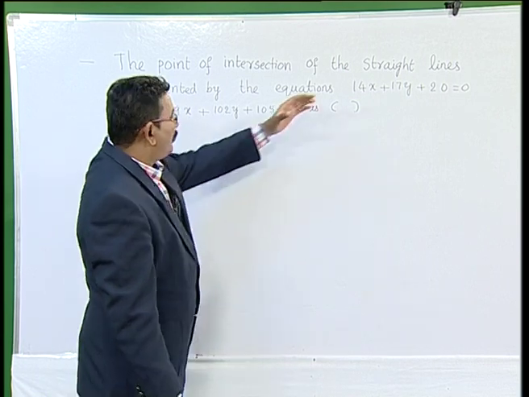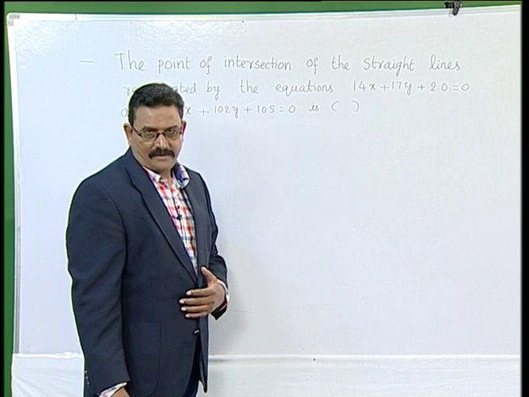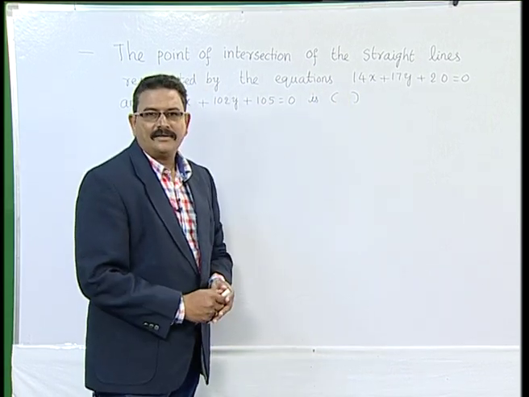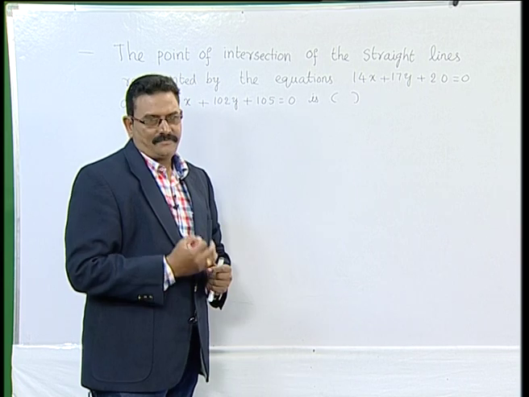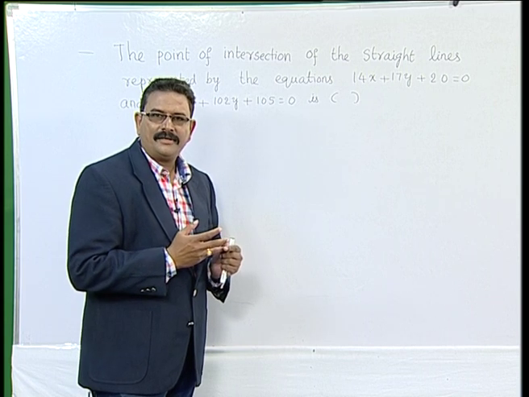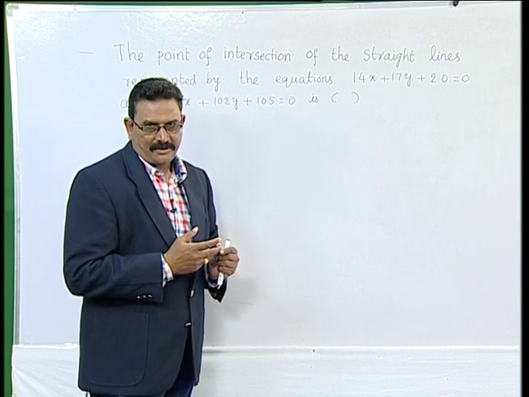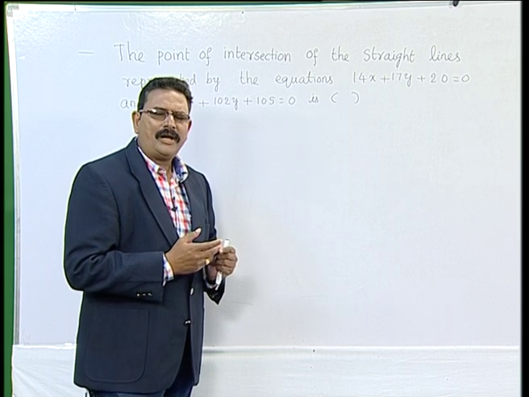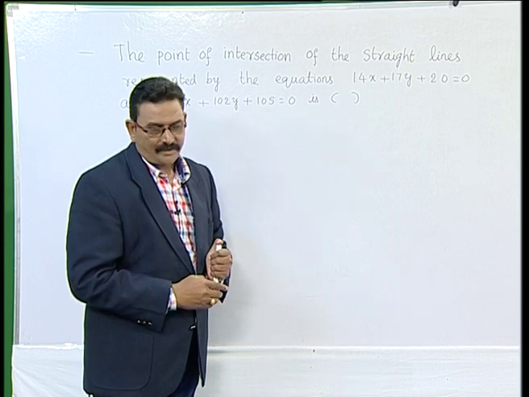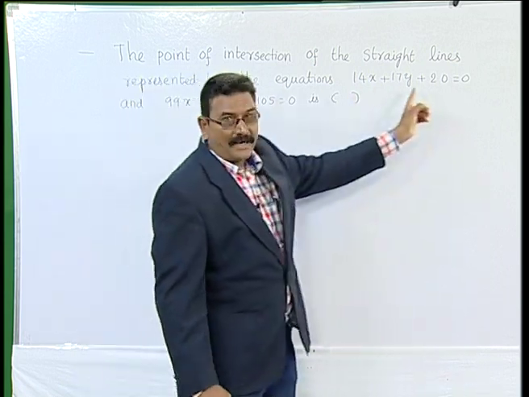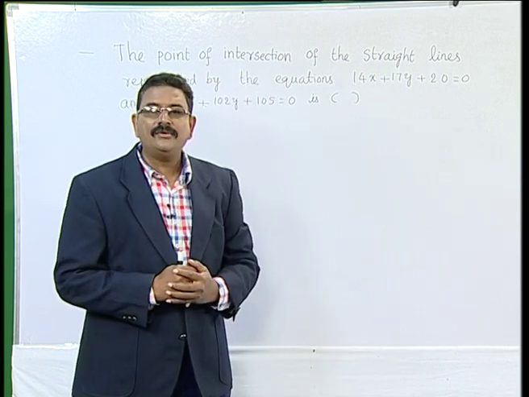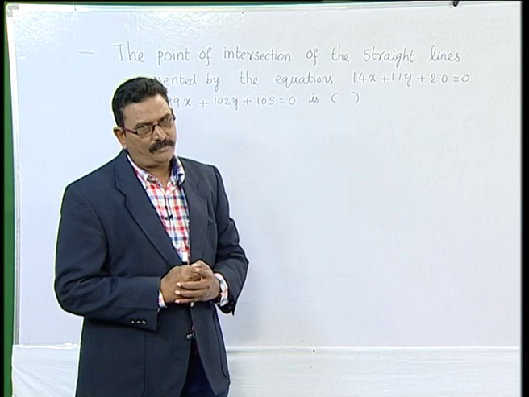To find the point of intersection of the straight lines, we may adopt three methods: the elimination method, the substitution method, or the cross multiplication method. You are familiar with those methods. They are very lengthy, but if you follow the pattern of the coefficients given in the two equations, we can easily solve this problem.